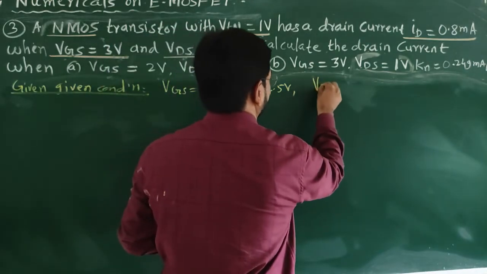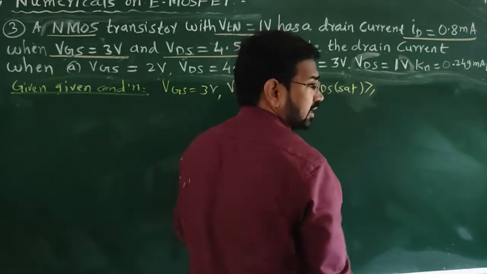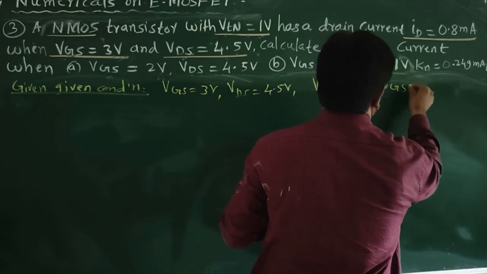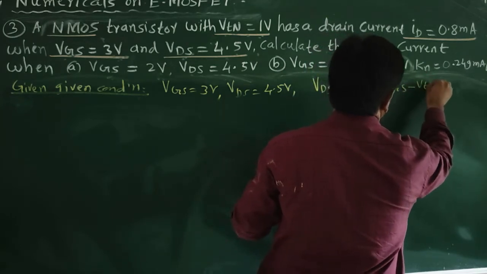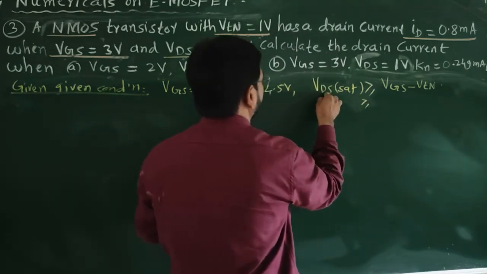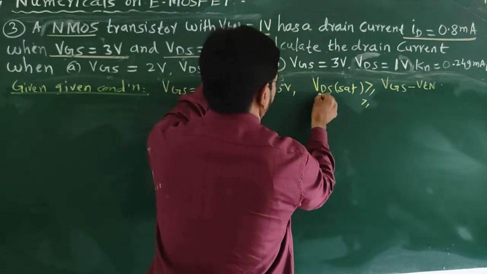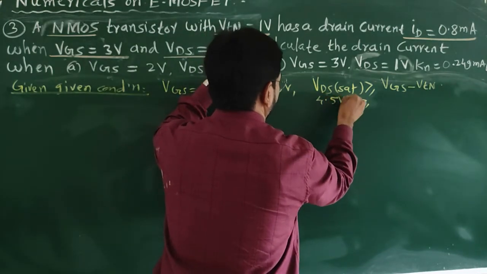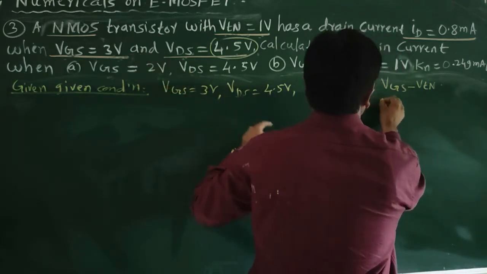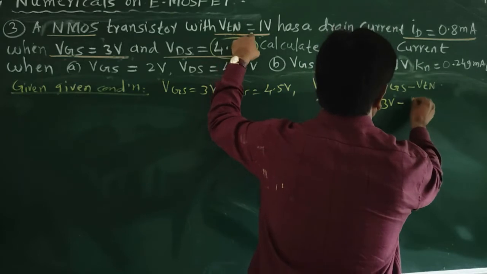By using this relation, VDS should be greater than or equal to the overdrive voltage VGS minus VTN. So, 4.5 volt is given here, and I am going to substitute 4.5 volt here. VGS is 3 volt and VTN is mentioned 1 volt.